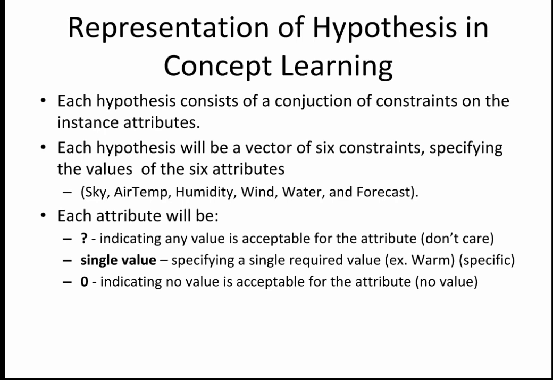As we were saying, a question mark tells you that any value could suffice for your hypothesis to be true, but if we have a 0, we could say that we cannot have any value that could make your hypothesis true. So for all the possibilities, having 0 in any of the attributes will negate your hypothesis. So these are some possible values that an attribute could have in our hypothesis.